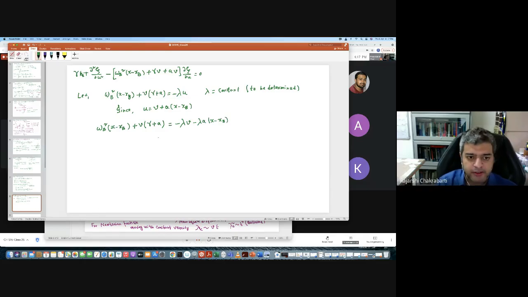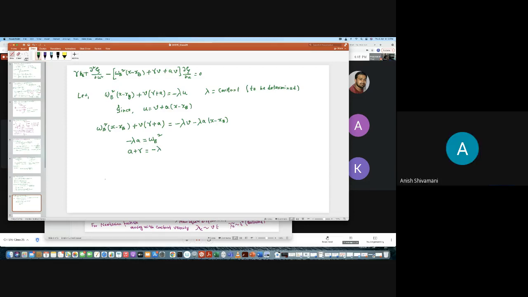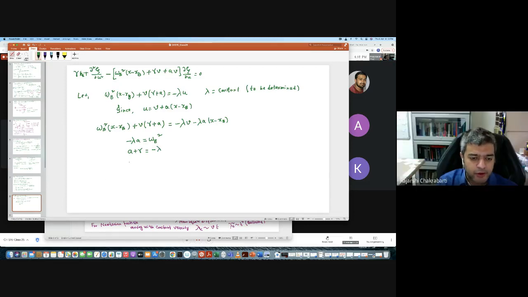This will tell me what? This will give you that minus lambda a equals omega b square, and a plus gamma equals, tell me, minus lambda. Which also means that a square plus gamma a equals minus lambda a. Now from here I can write 0 on the other side.